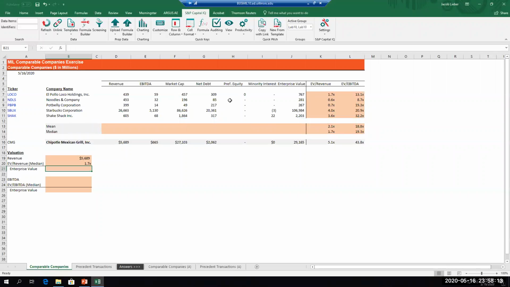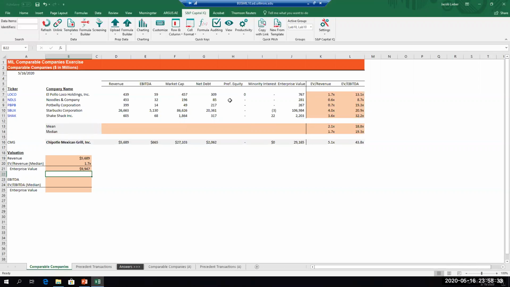So we take the value that our comp set provides us, and then we multiply it by our perspective intrinsic value. So our perspective revenue, how much revenue is Chipotle doing, and what is the multiple that we should be applying to this revenue. This will then give us our value for what we think Chipotle should be.